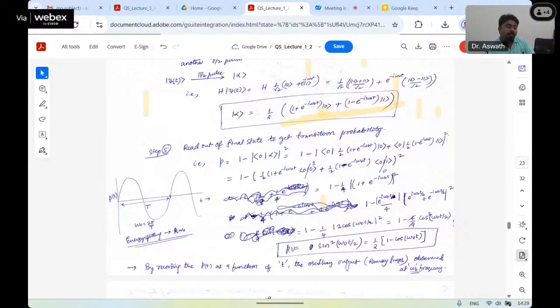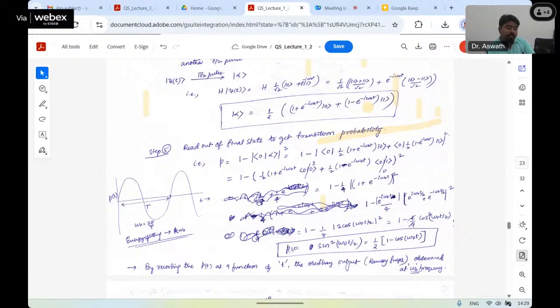How? I just take the inner product of alpha with 0, that would give me the probability amplitude of this one. And if I want to know the probability of getting 1, I'll just take the probability amplitude of this one. Okay. Right. So this one. Fine.